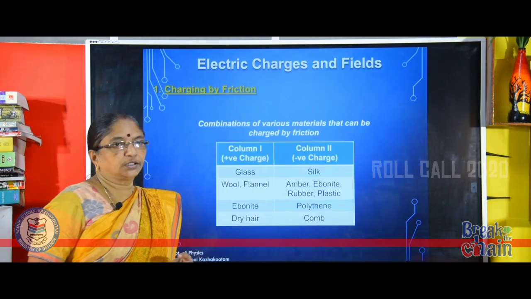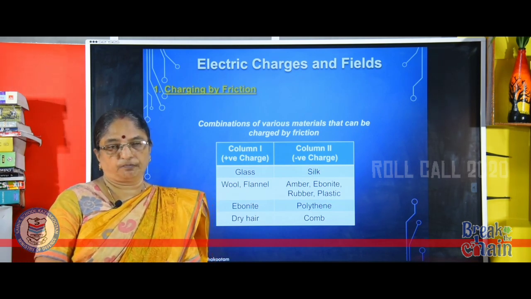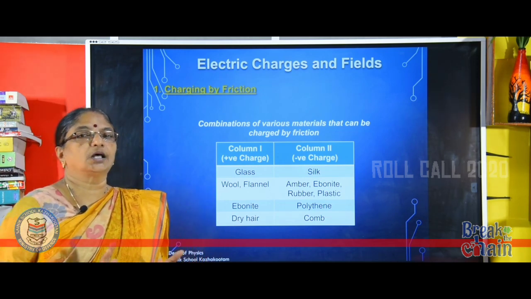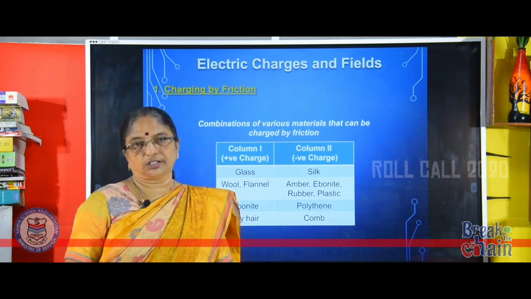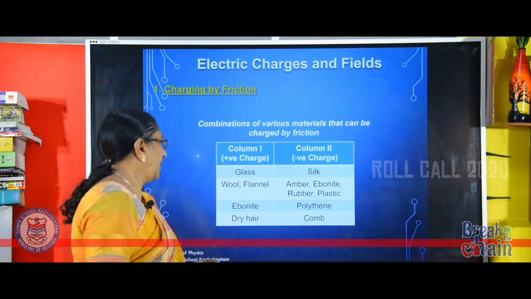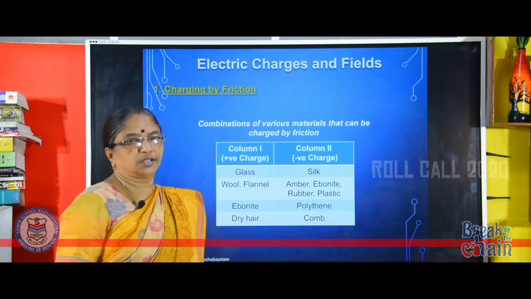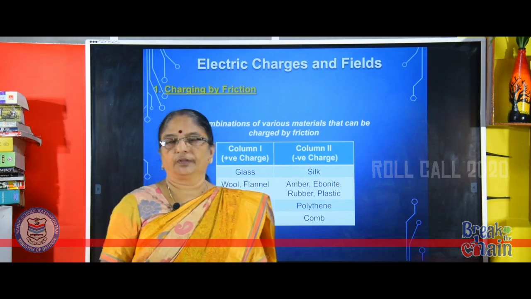Now, see charging by friction, I showed you the rubbing of two objects, glass rod and silk. Like that, if any two objects are rubbed, charge can be generated. But see this table: glass, flannel, ebonite and dry hair, and on the right column we can see again silk, ebonite and polythene.